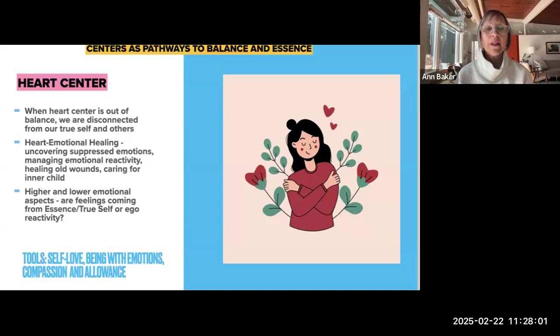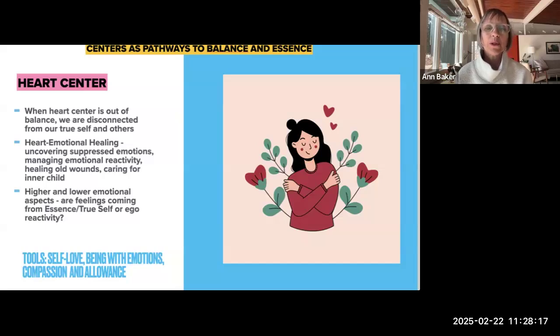And we have higher and lower emotional aspects. In some authors, the original terms were vices and virtues.